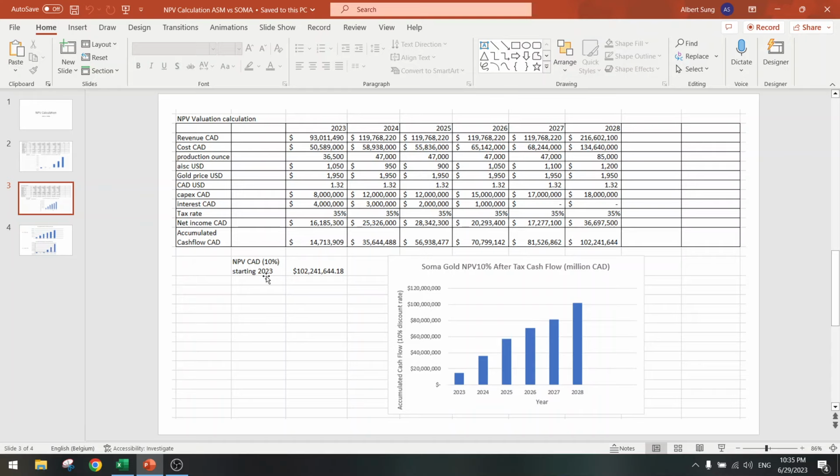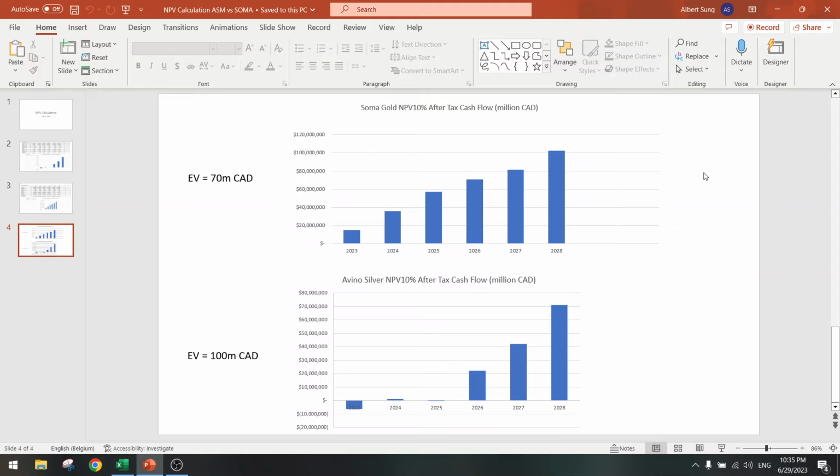Okay, so which one would we buy when we compare the two companies? It's obvious to me that I would buy Soma Gold instead of Avino Silver in this case, because this company will give steady cash flows, free cash flows after tax.